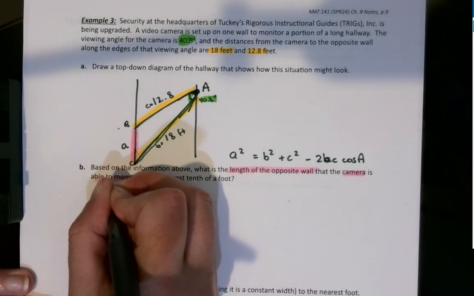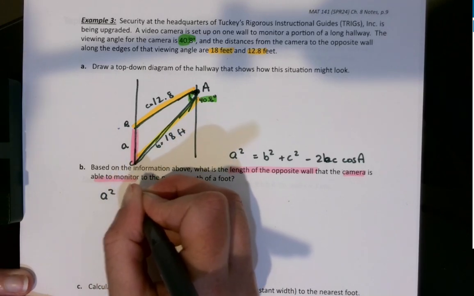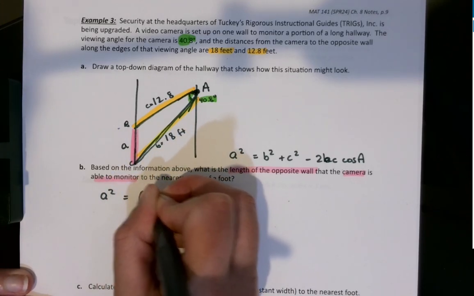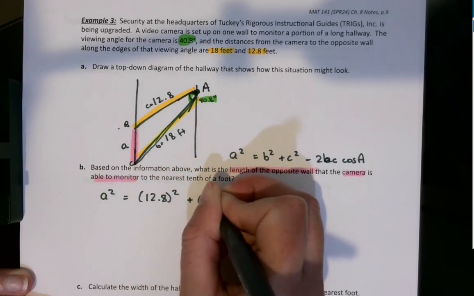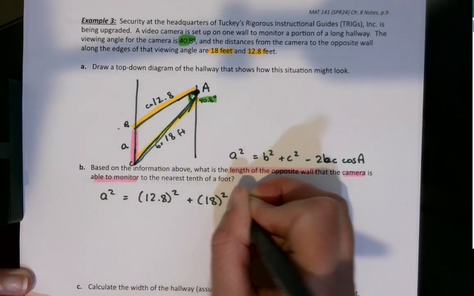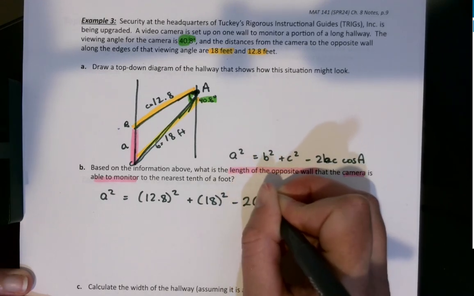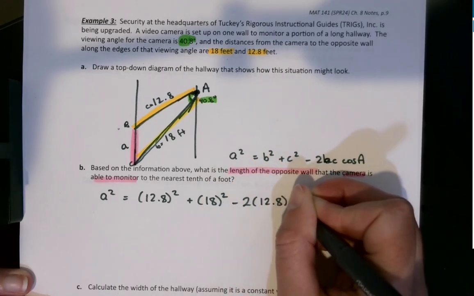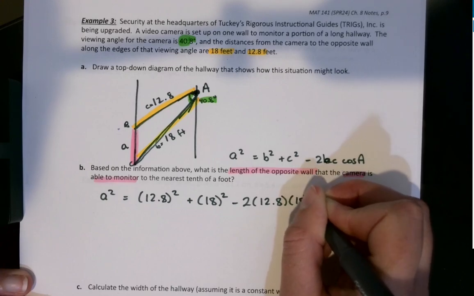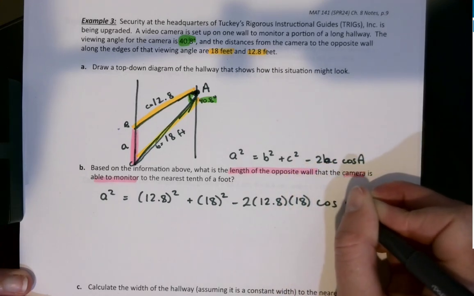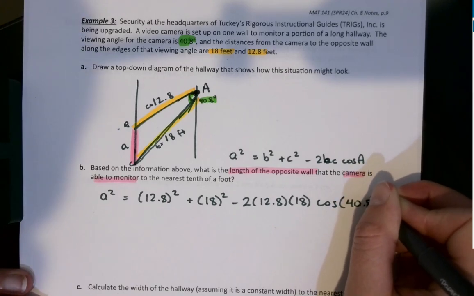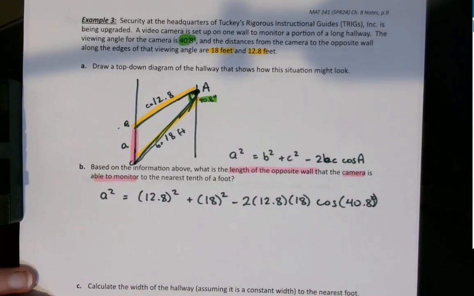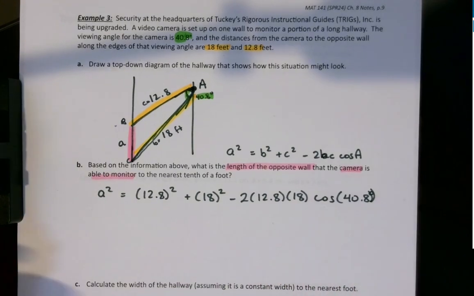So A squared equals B, which is 12.8 squared, plus C, that's 18 squared, minus 2 times our 12.8 for B and our 18 for C, and the cosine of angle A, 40.8 degrees. This is all numeric, so let's go ahead and enter that into a calculator.